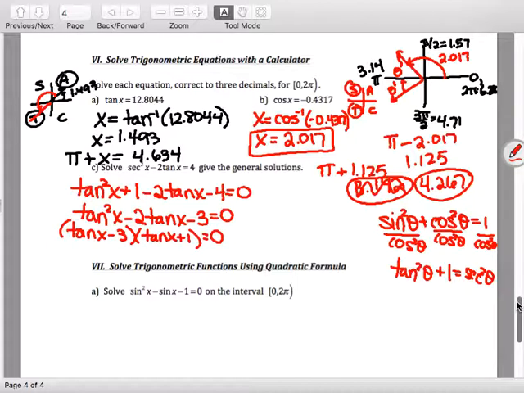Check your work when you factor. Tangent x times tangent x is tangent squared x. The outer is 1 tangent x. The inner is minus 3 tangent x. So that's minus 2 tangent x. Negative 3 times 1 is negative 3. So this will give me tangent x equals 3. And this one gives me tangent x equals negative 1.